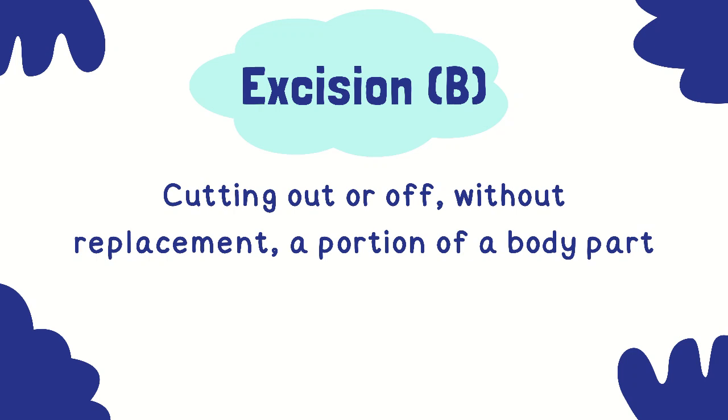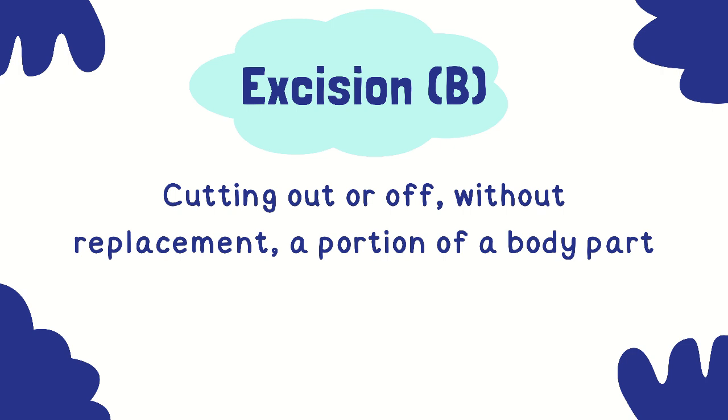of a body part. So, a key distinction in this root operation, and this may be something you want to underline on your flashcard, is that only a portion of the body part is removed.